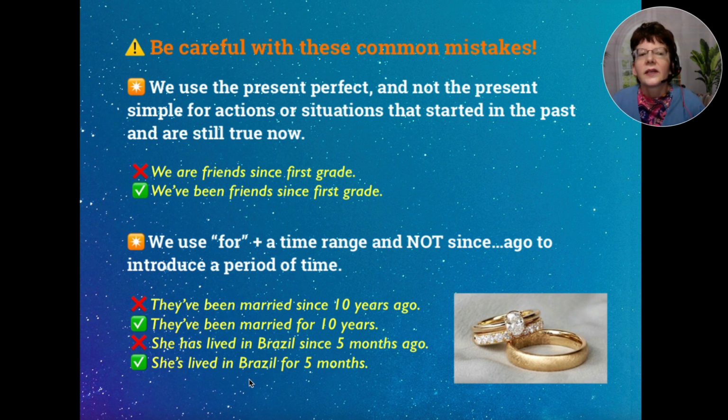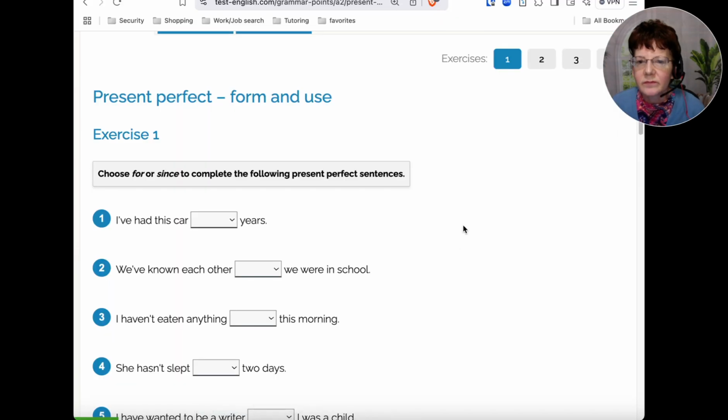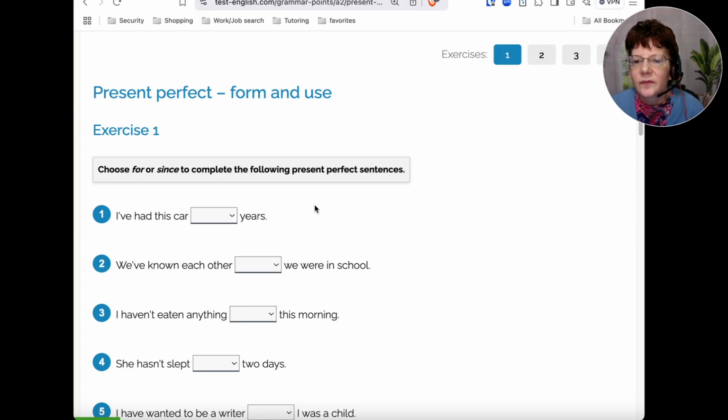All right, well, we're gonna go on to do a few sample exercises and check our knowledge. All right, so from the drop-down menu, we'll choose which is the correct one. So number one, I've had this car. All right, so we have since or for. All right, so talking about a time duration.